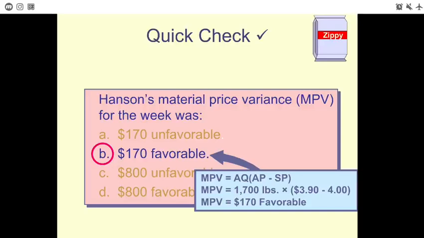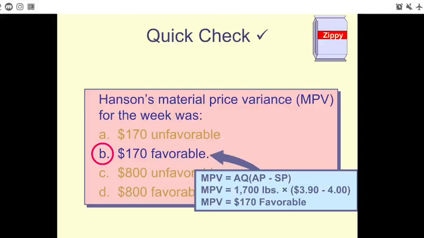And then times the actual price, which you have calculated in the previous slide, $3.90, minus the standard price, which is $4. That can be seen in the sample question. So the material price variance is $170. Favorable.